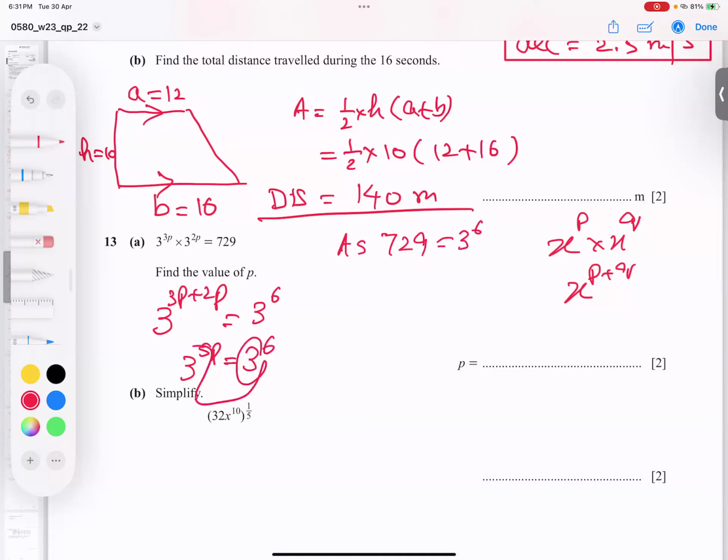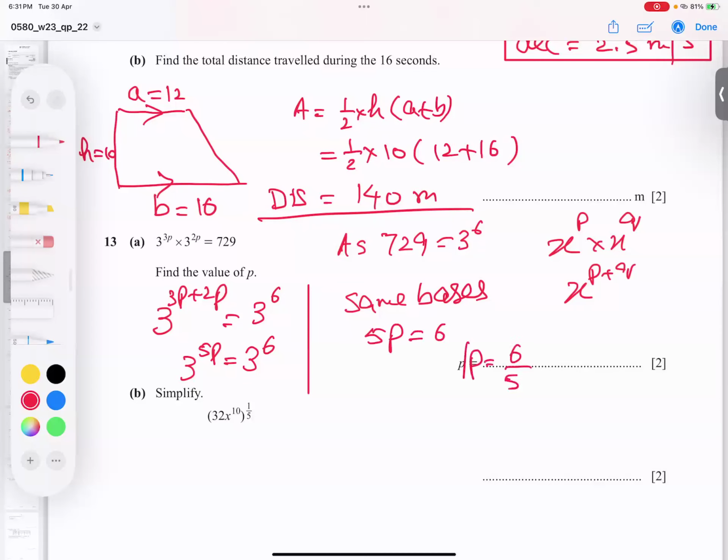If the bases are the same, I will write one sentence: same bases. This wording is not compulsory. So 3 cancels from both sides and the powers equate: 5P equals 6, and P is equal to 6 over 5. This is my final answer.